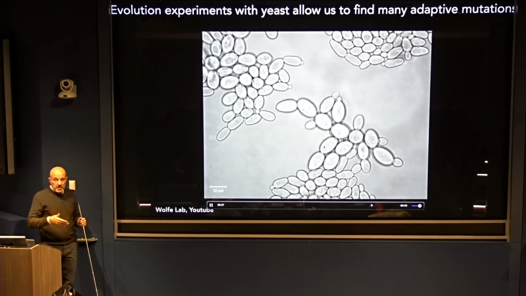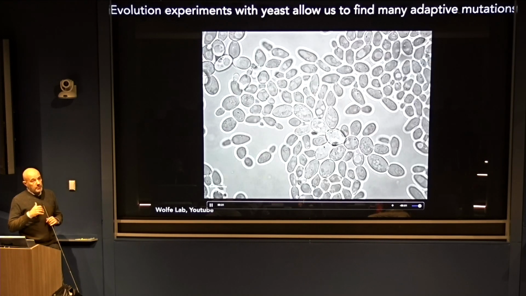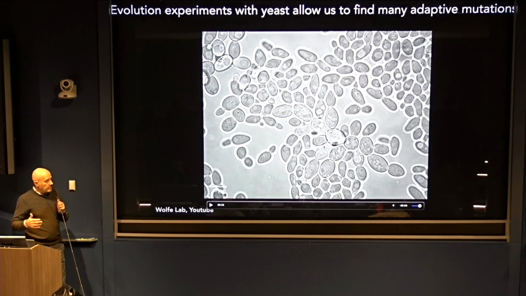They have a sexual phase and an asexual phase, and we also know a lot about yeast. We know a lot about the cell biology of yeast. They're also used in making food and brewing beer. So there's just a lot of knowledge, and studying experimental evolution in yeast piggybacks on a lot of knowledge of the system. And so that's what we decided to use in the lab to start asking these basic evolutionary questions.